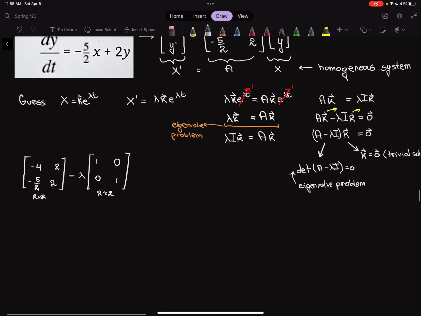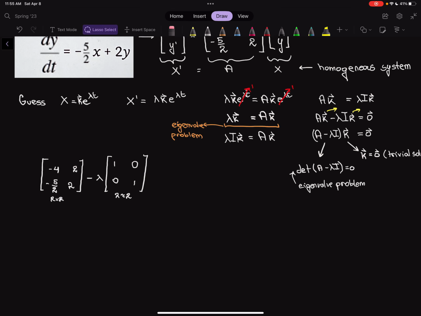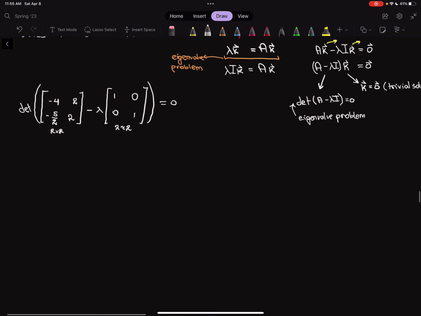And we want to find the determinant of this. So let me put this in parentheses here, and we want that determinant to be equal to 0. The first thing we do is multiply lambda by the identity matrix. So we're going to rewrite -4 and 2, -5 halves, and 2 here.